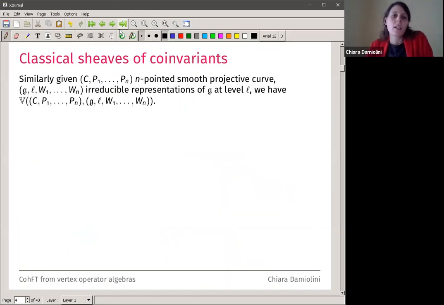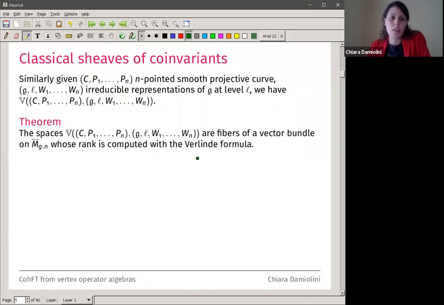And more generally, we can also consider more points and more representations. And the interesting thing is that one can always see that the points and the representation are associated. So every time I have n points, I also have n representations. And I really want to see that a representation is associated at that point and essentially do the same construction.